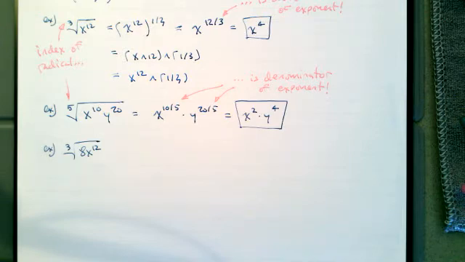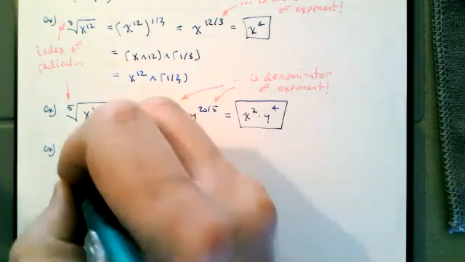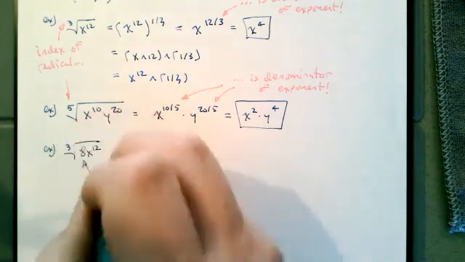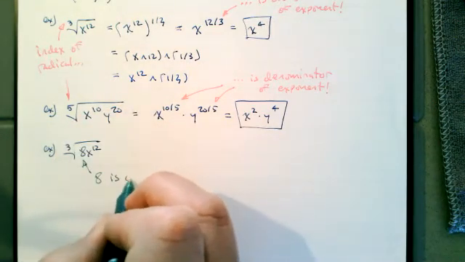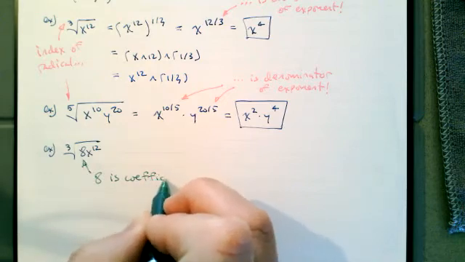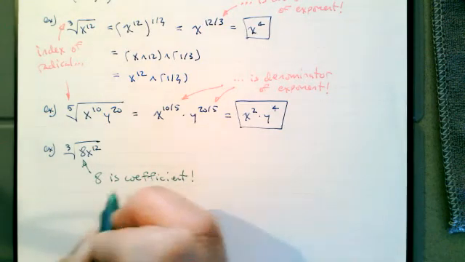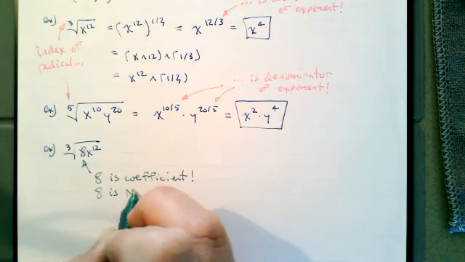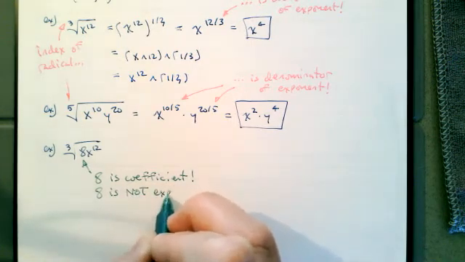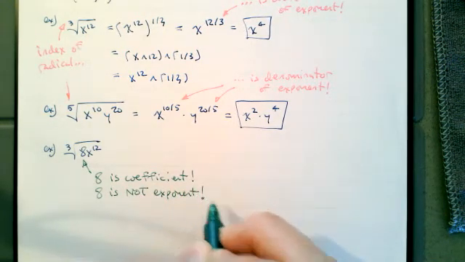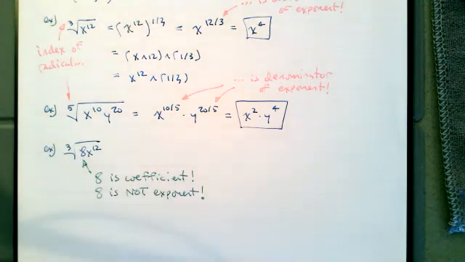What we have to recognize here is that 8 is not an exponent. We're just trying to figure out what the cube root of 8 is. But the cube root of x to the 12th we can deal with in the exponents.